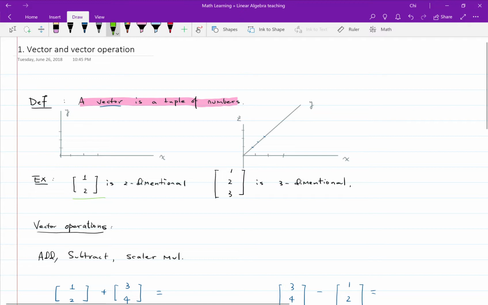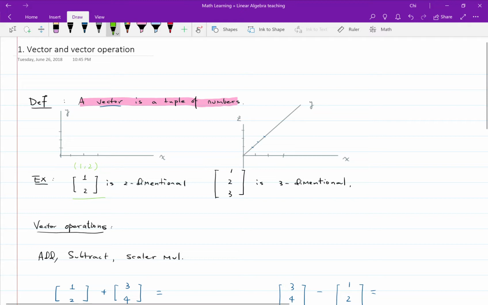So here you have 1 and 2 from top to bottom. And to save space, sometimes we write it like this, using this bracket or parenthesis, and either way works. It's just a way to represent it's a vector.